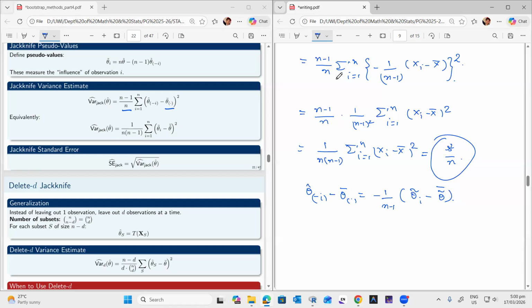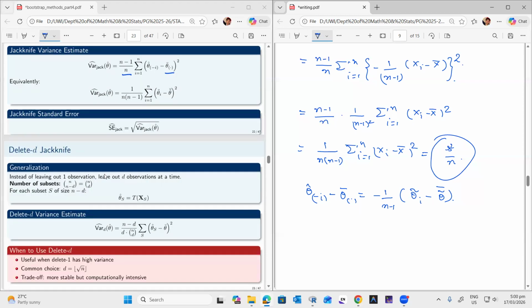After that we have the delete-d jackknife, which is the generalization of leave-one-out. So instead of leaving out one observation, we will leave out d observations at a time. This is the core idea of the delete-d jackknife, also known as the generalized jackknife.